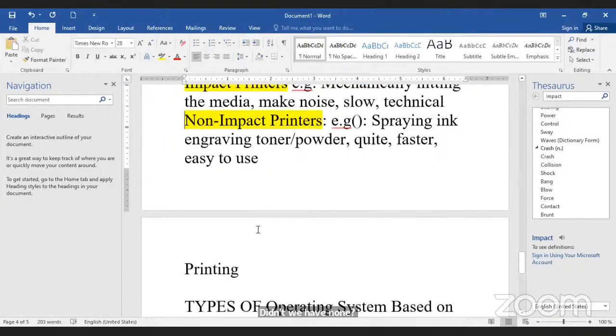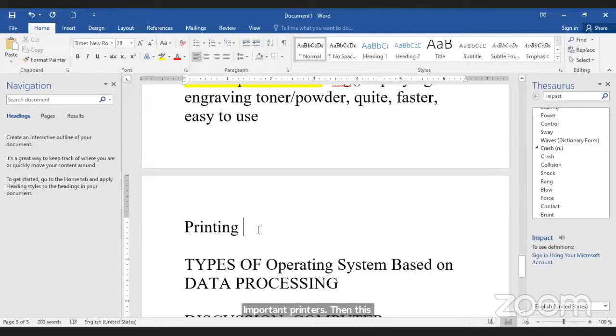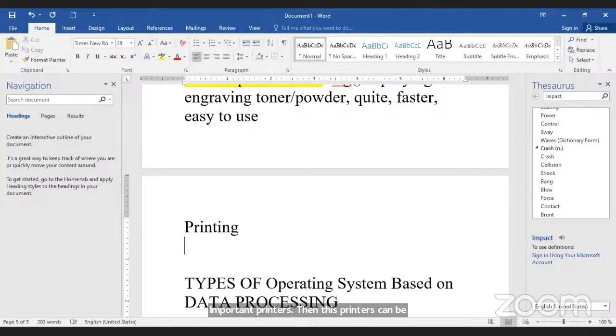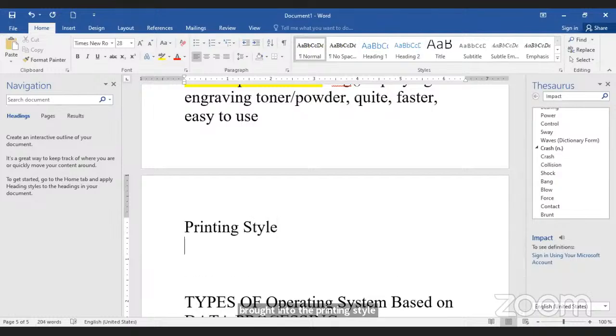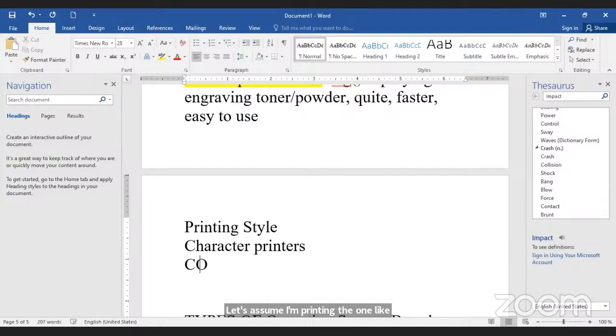Then these printers can be grouped into the printing style. So we have printers that print one character at a time, called character printers, right? Let us assume I'm printing the word cow.